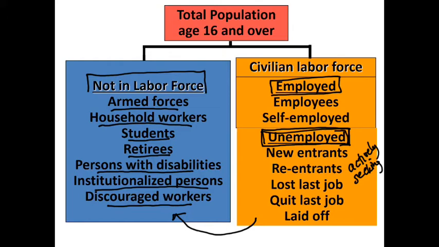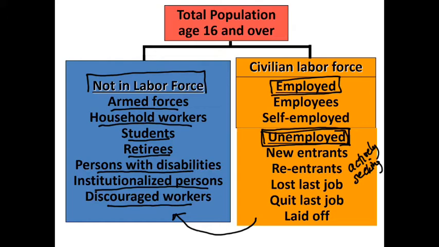So we call these people discouraged workers. The condition to be unemployed, again, is to be jobless and also to be actively looking for a job. The minute we stop looking for a job, we become discouraged, we leave the civilian labor force.